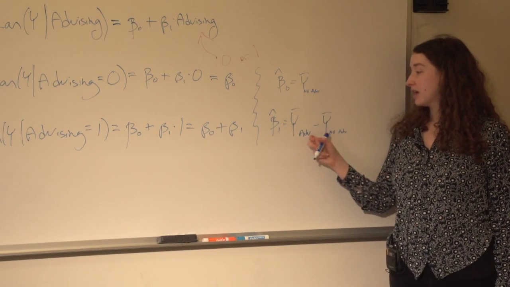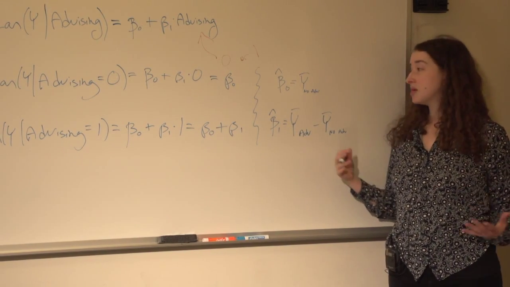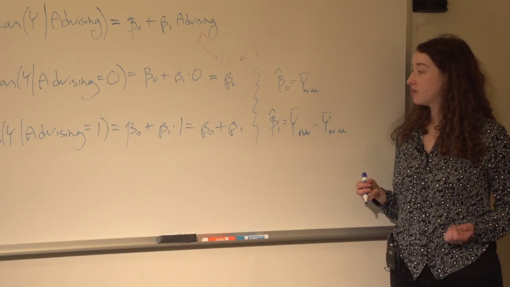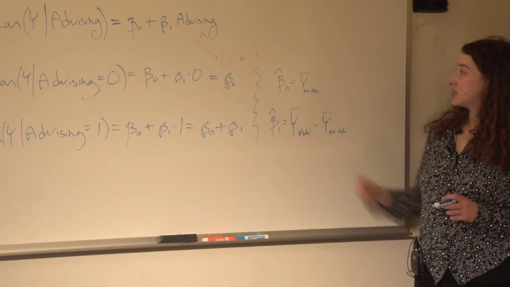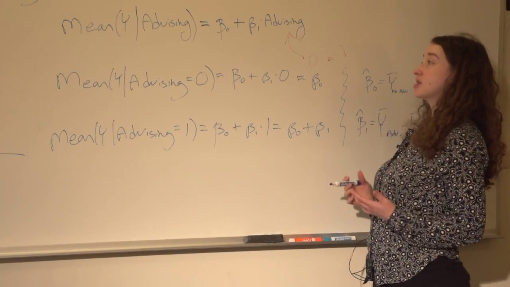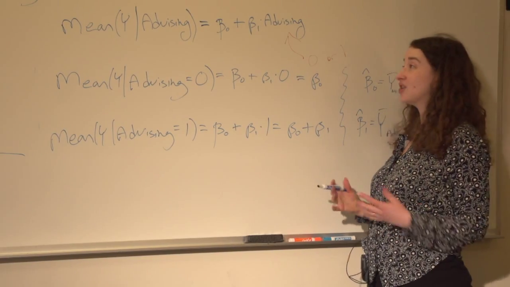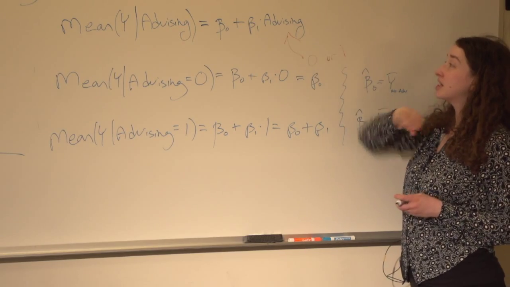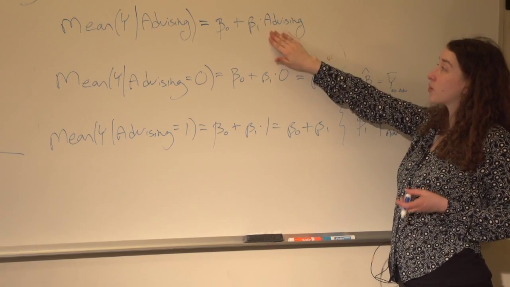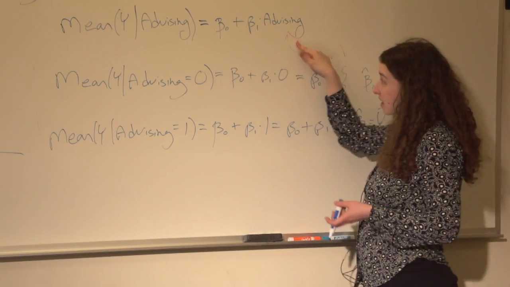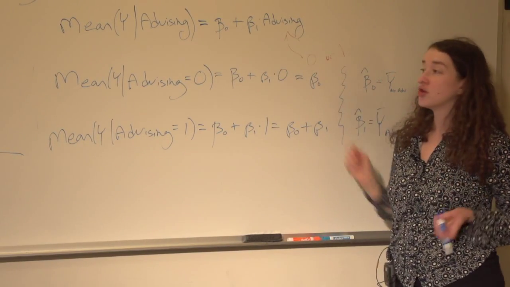So if you can calculate these two quantities, you can turn those into beta 0 and beta 1. Then you have your two estimates. And so now if someone comes along and says, do you have an equation I can use to predict what GPA will be if I know whether somebody got advising? You can say, yes, plug in the 0 or 1 corresponding to whether that person got advising right here. And when you calculate the mean based on that equation, you will get your answer.